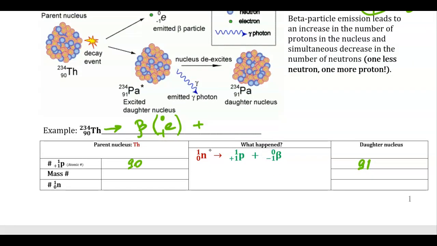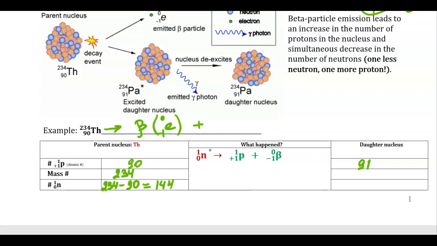If the parent nucleus had mass number 234, that gives us 234 minus 90 equals 144 neutrons, correct?